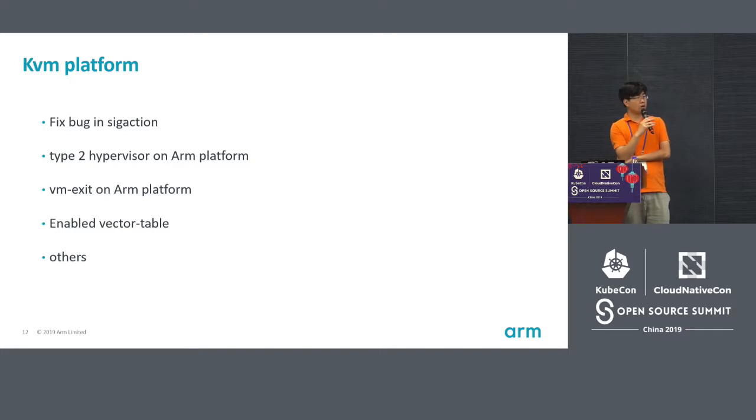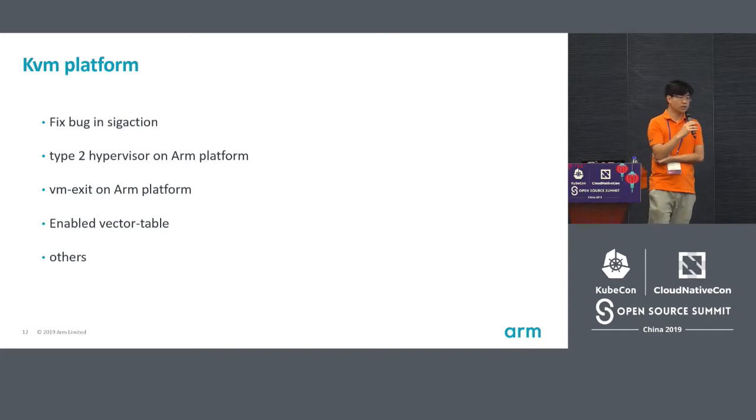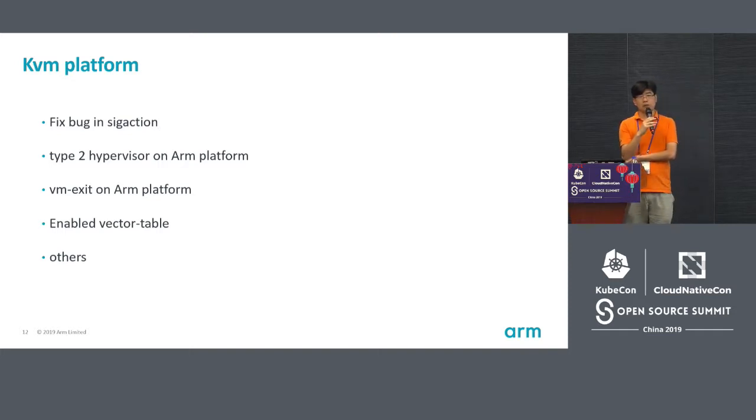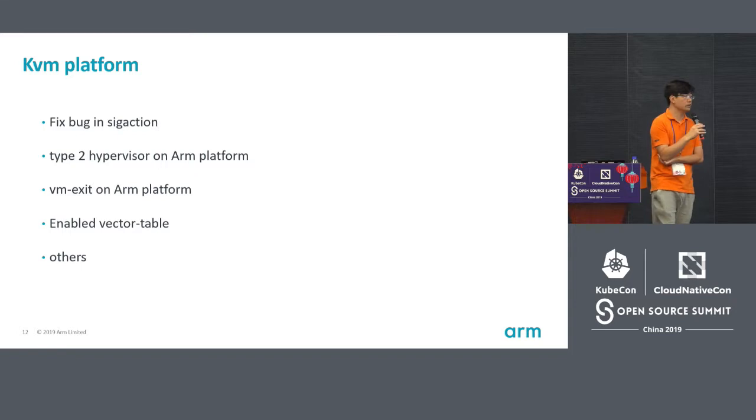So for ARM's Go compiling, it uses a register to store the Go ID, and there are two designs. One is goroutine design, and the other is system design.